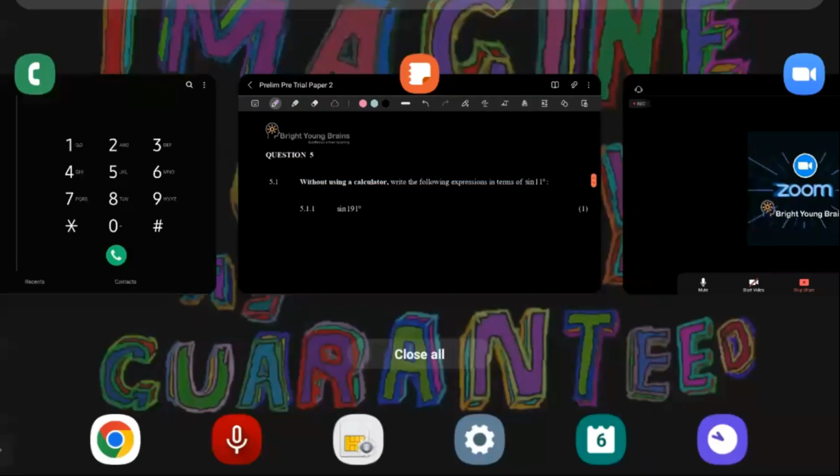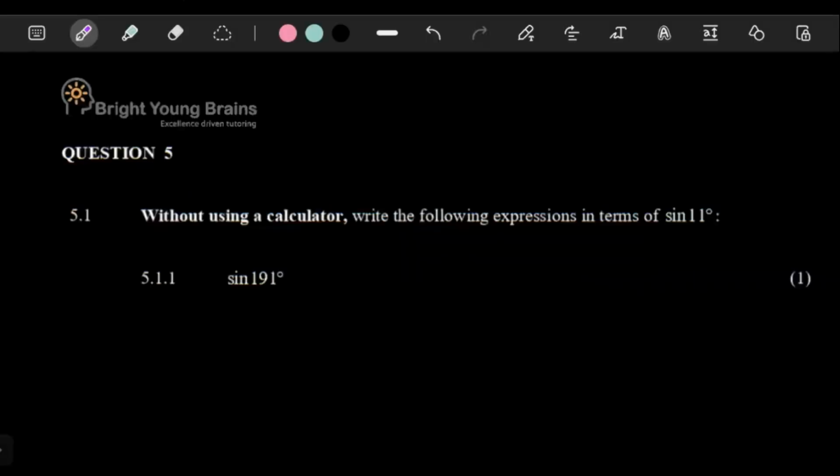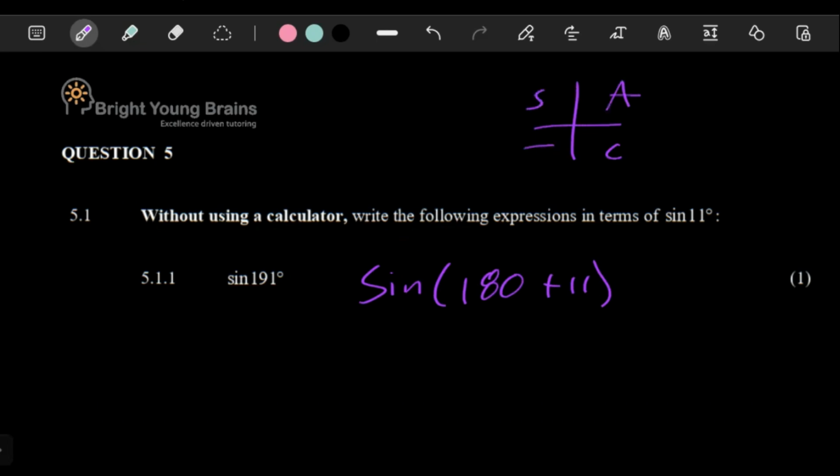There you go. Question number 5. It says, without using a calculator, write down the following expression in terms of sine 11. It's not that bad. We know that sine of 180 plus 11 is going to give us 191. So if you're thinking of the CAST diagram, what we already know is that 180 plus puts us in this quadrant, right?